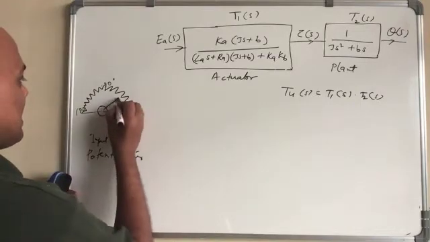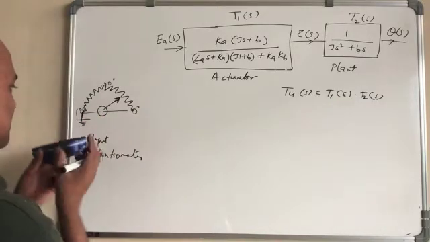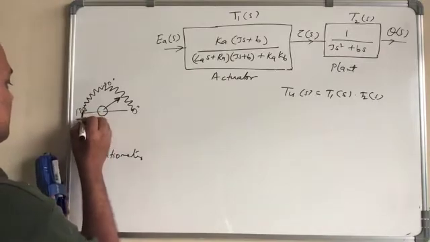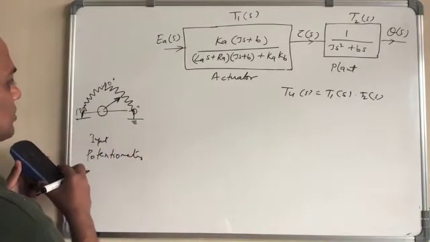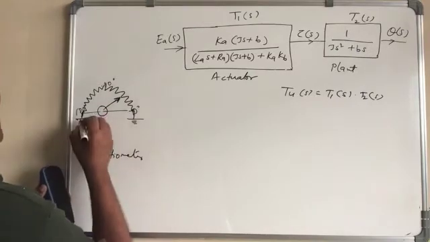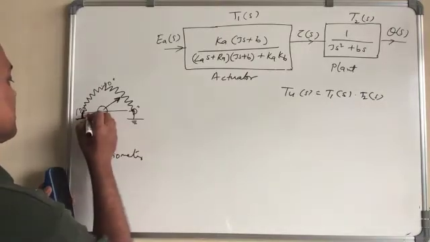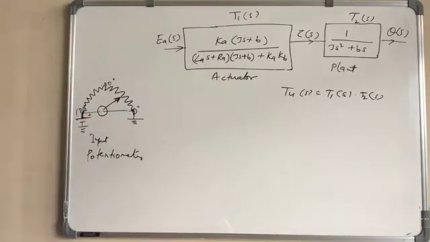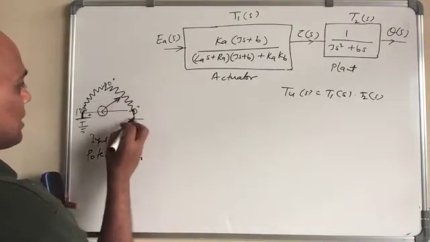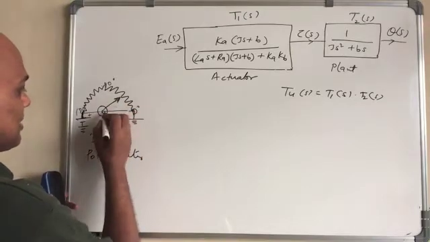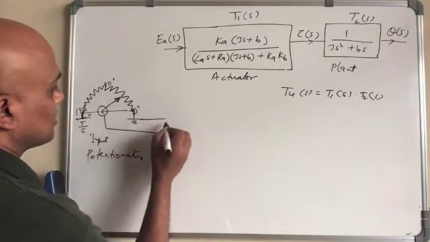This side will be grounded, and this side you have some plus voltage. Since it's a potentiometer, you are going to get some voltage from here.